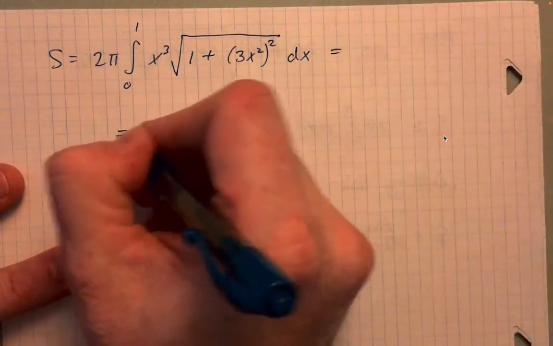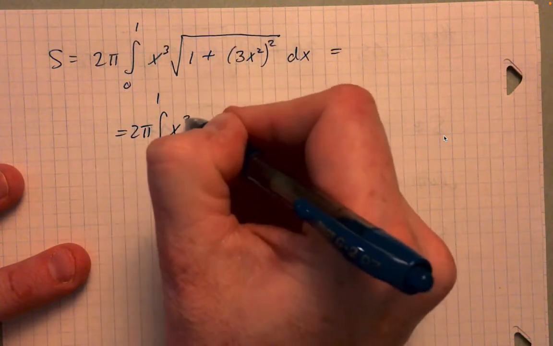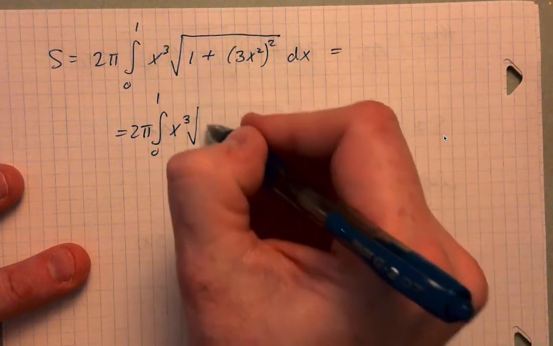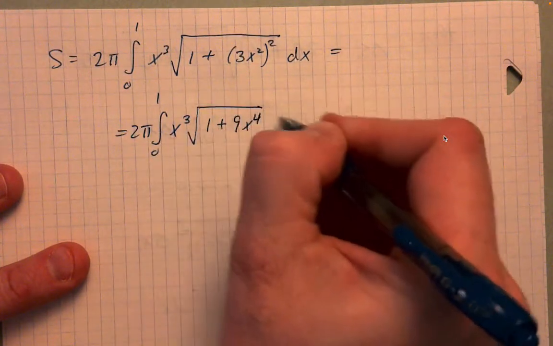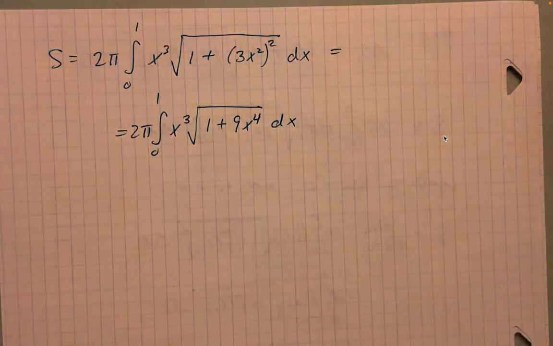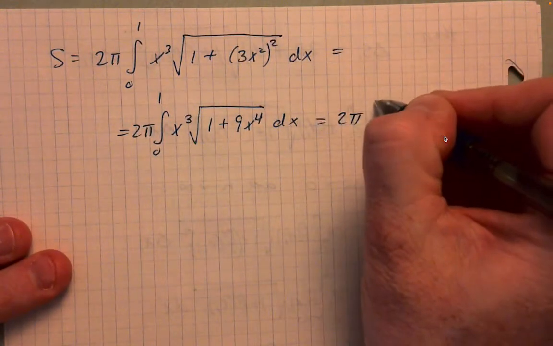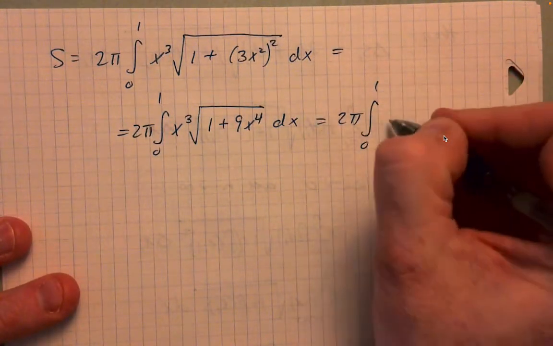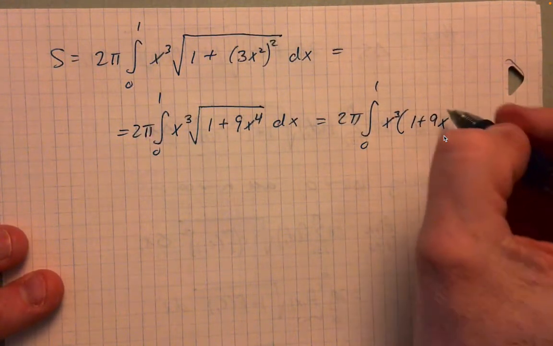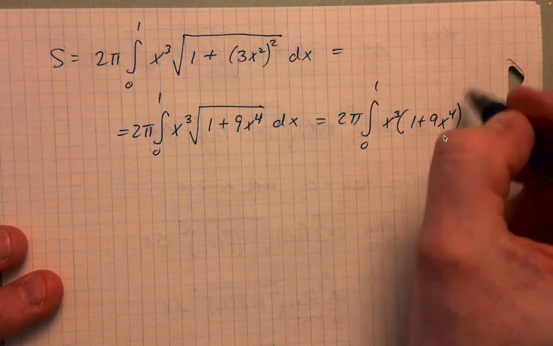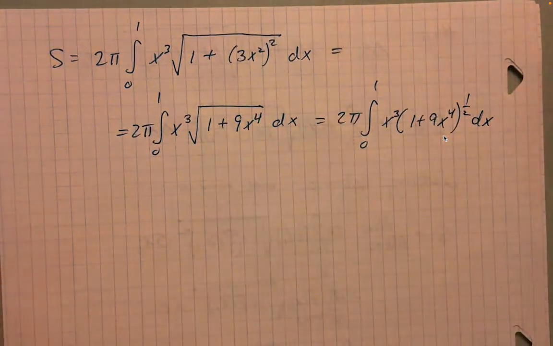This is 2 pi, 0 to 1, and we can write this as x cubed times the square root of 1 plus 9x to the 4th. We might want to get rid of the radical and write it like this, of course, that's optional.